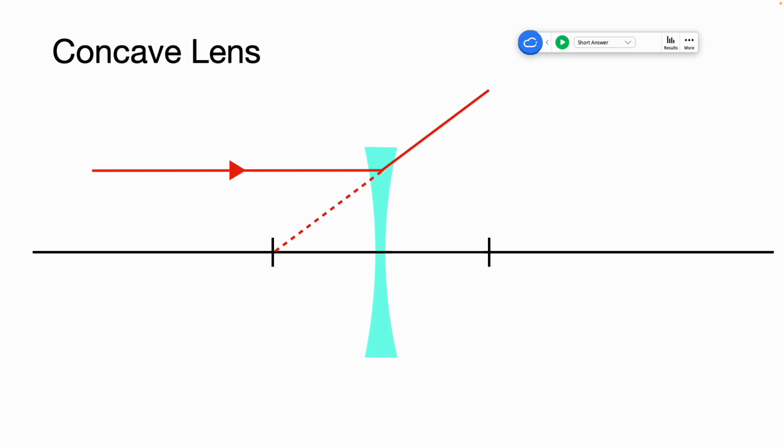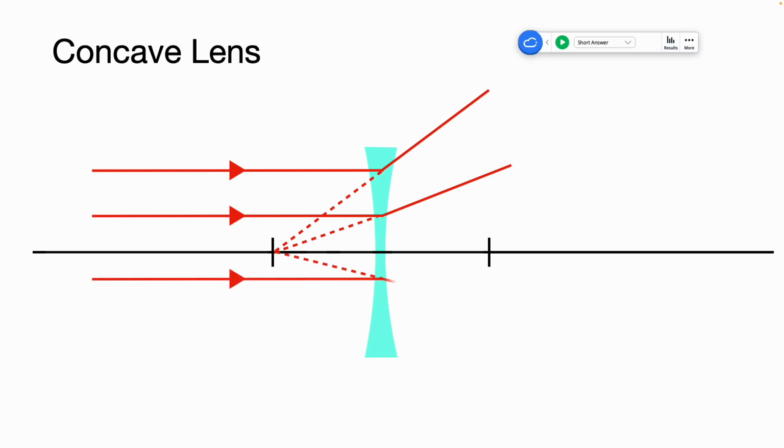This one has a not so obvious effect, but if you look at the drawing on the slide, you see if all the lines got deflected away such that the extension behind the light ray will pass through a focal point, then the effect of this concave lens is to make parallel light go diverse. It will diverge the light. Okay?